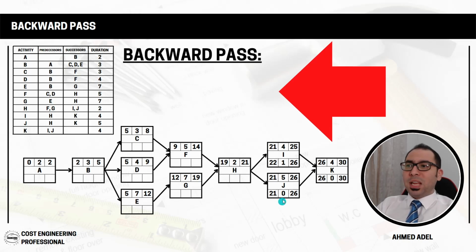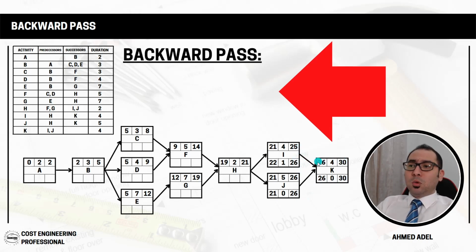And what is the meaning of that? Actually, the early finish here is 25, and the early finish here is 26. But activity K can start only after activity I and activity J both of them are completed. So both of them will be completed only by 26, because this will finish at 25, but activity K needs activity J also to be completed in order for activity K to start.